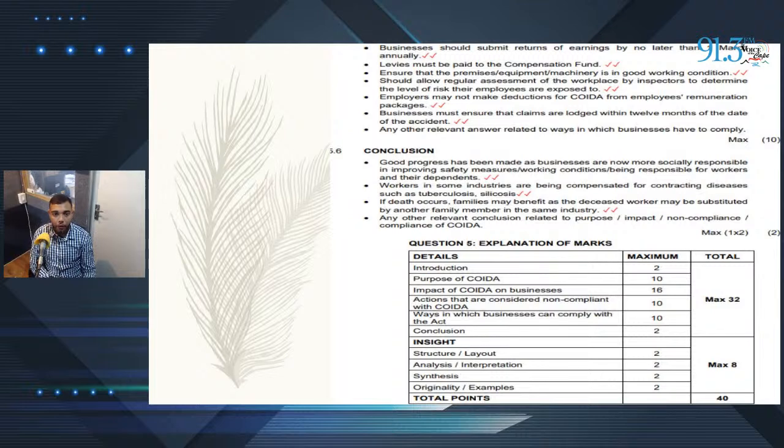The only thing that is not stipulated on the memo is your 2 original examples in order to get your 40 marks. As you can see, the explanation of the mark is here.